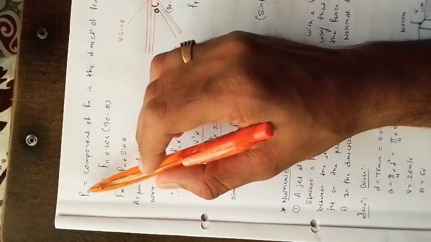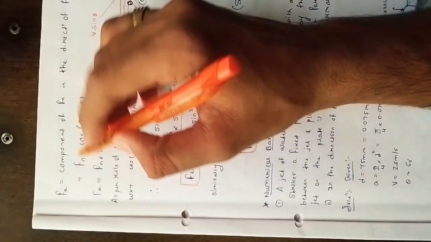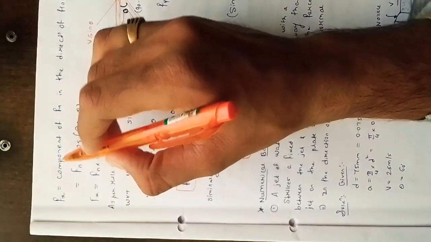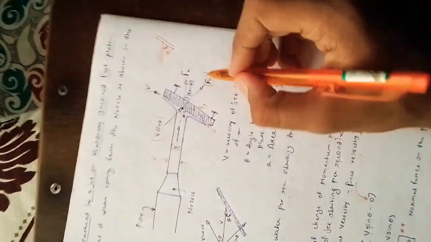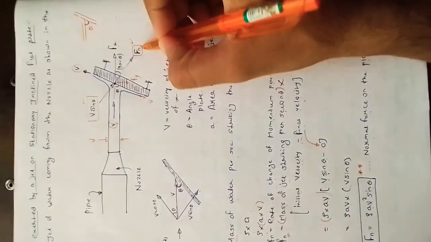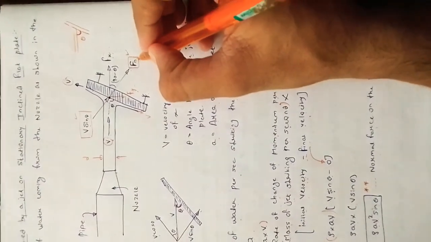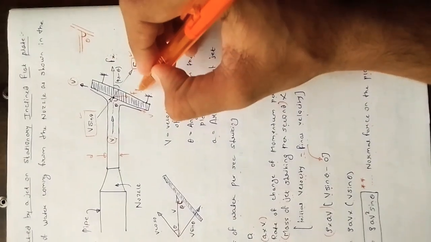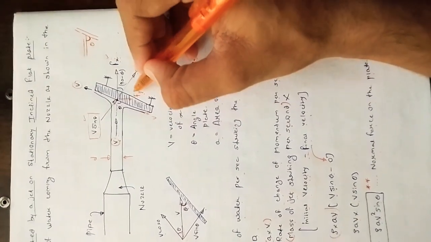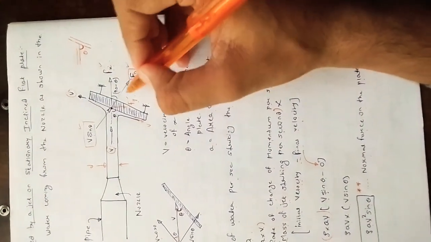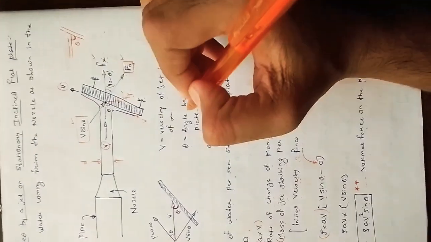The force exerted by the jet in the x direction is Fx, the component of Fn in the direction of flow. Suppose this is the net force; then Fx and Fy are its components, so we have to resolve it. For resolving we should note the angle.